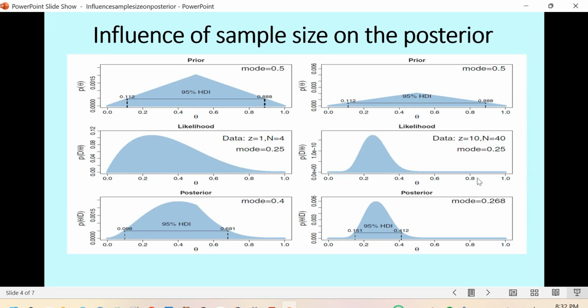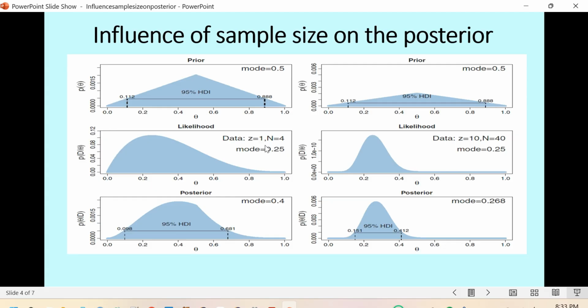So after calculating the posterior 1,001 times, we get this posterior, and this is the prior, which is triangular with the mode here at 0.5, the highest density, and this is the likelihood. The likelihood is the data because there is only 1 head out of 4.